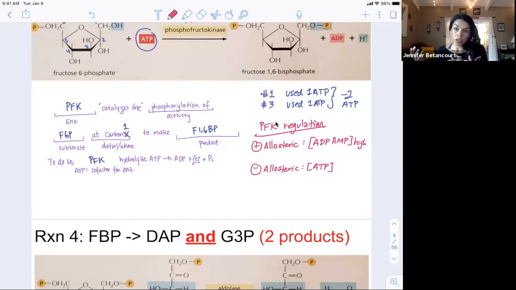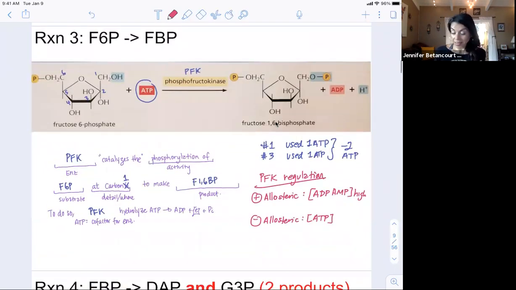But if there's too much ATP, the cell's like, all right, ATP, can you just make it stop for just a little bit? And so ATP can also negatively allosterically inhibit PFK. And that is the crazy part because ATP is also needed as a cofactor. So ATP has double jobs. It depends on the levels of ATP in the cell. Not enough ATP in the cell, the ATP is used by phosphofructokinase.